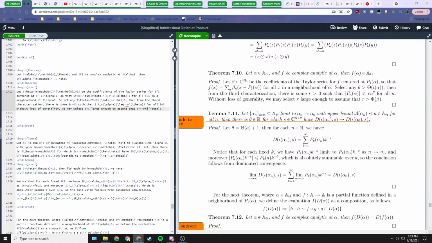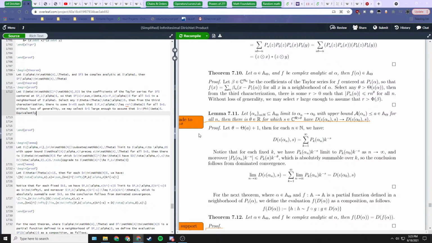Now, I think we just bound this with, equivalently, you may say that A of alpha is bounded by r id sub theta.